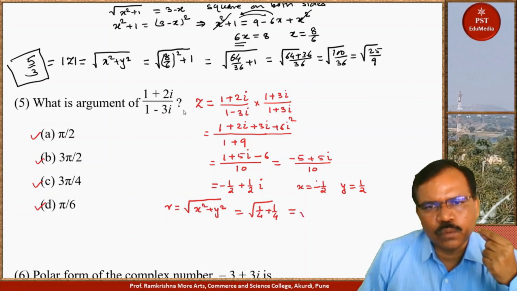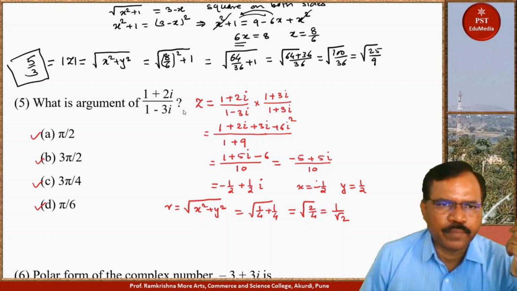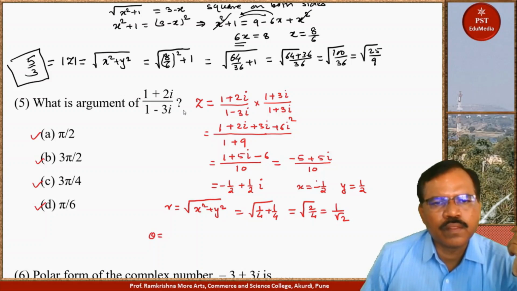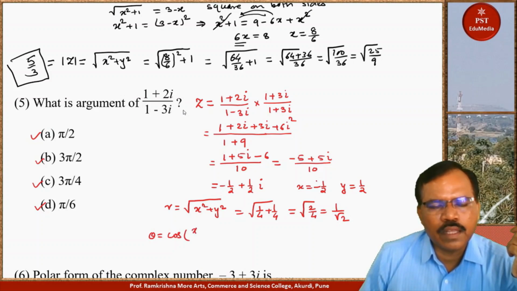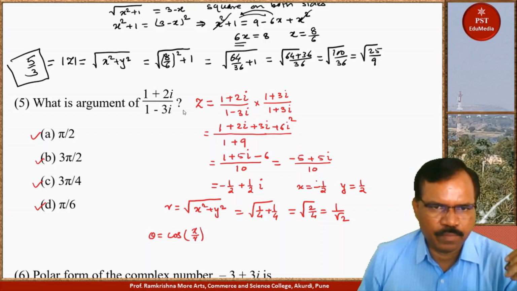So it is root of 2 by 4. It comes out to be 1 upon root 2. And we know theta is equal to cos inverse of x by r, or theta is equal to sine inverse of y by r.